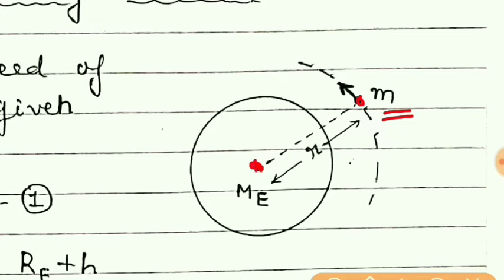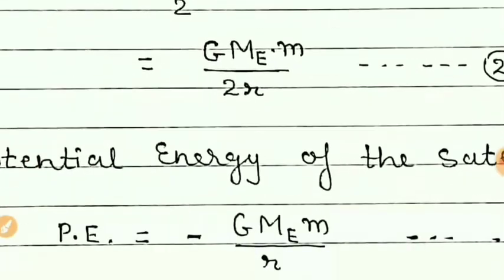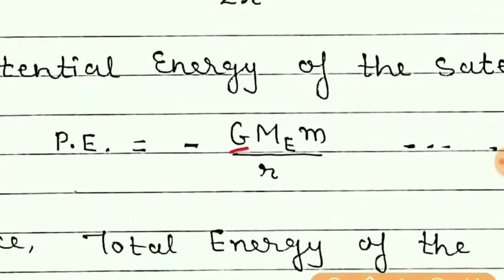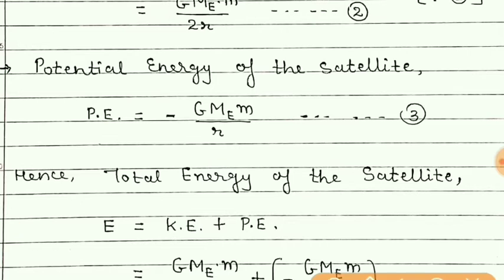So these are the masses of two particles and r is the distance between them, and so potential energy is given by minus G Me m upon r, and it is always negative. So this is the potential energy. Let us give this equation number 3.